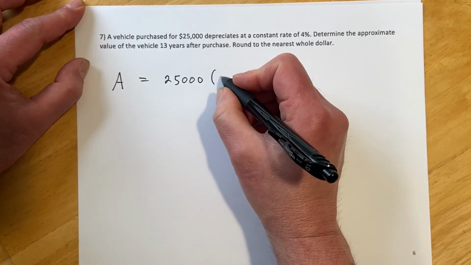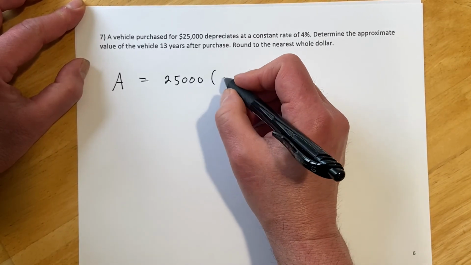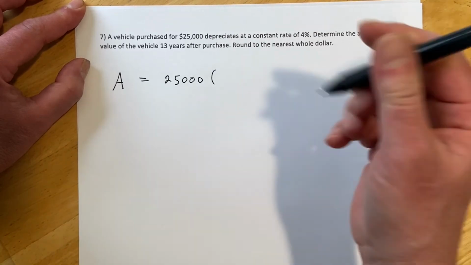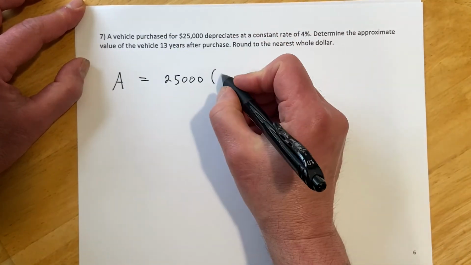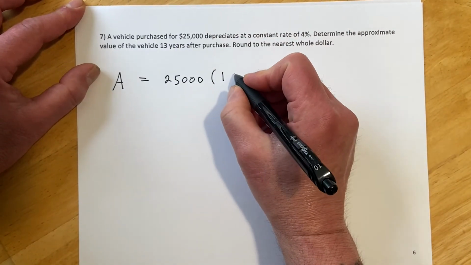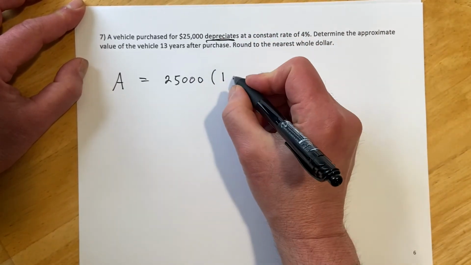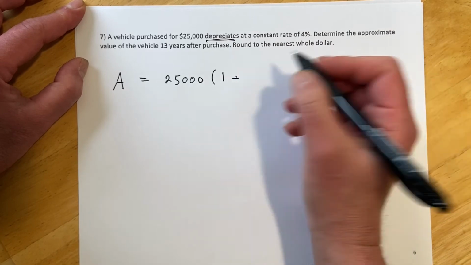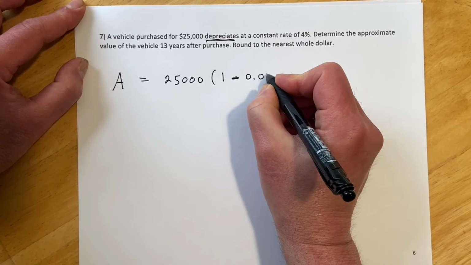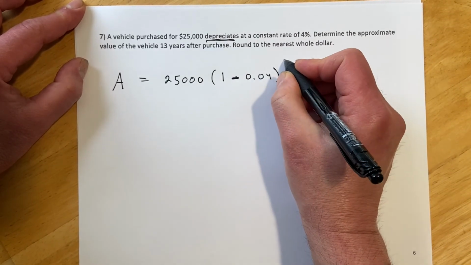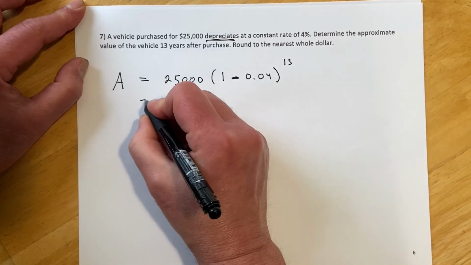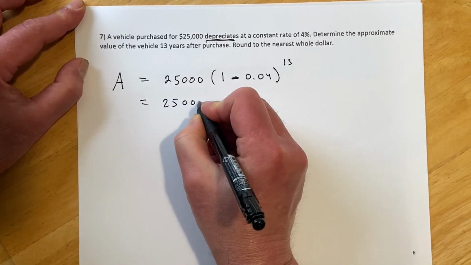And this time, I'm used to it being 1 plus or minus rate. I think this book has the rate first. I keep writing backwards, but same thing. So 1, but this time our rate's negative because it's depreciating, it's going down. So instead of saying plus, I'm going to say minus 0.04. And then that's going to be to the 13, 25,000.